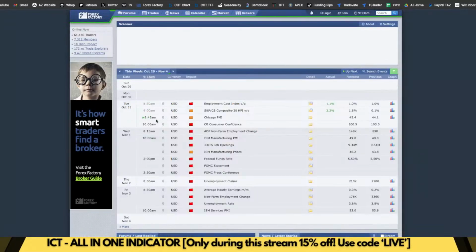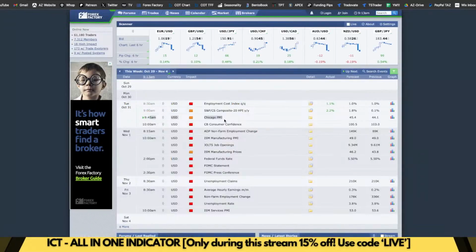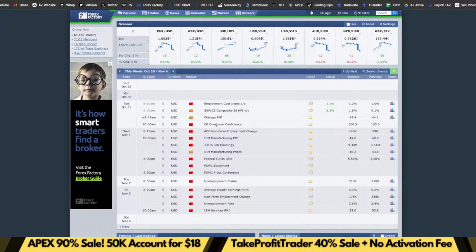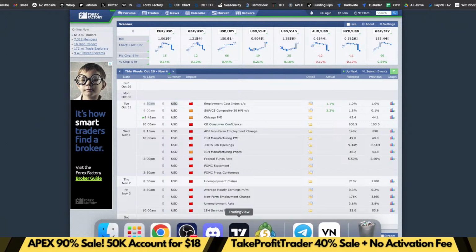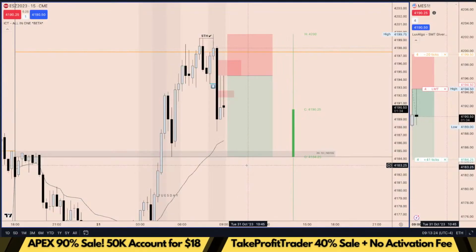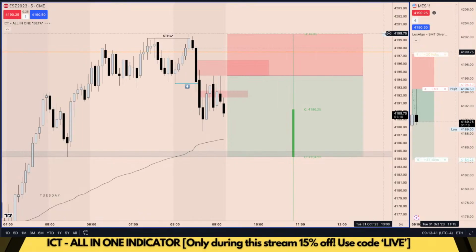Tuesday, at 9:45 we have the Chicago PMI, at 10 a.m. the S&P Composite and consumer confidence, and at 8:30 we had employment cost news. So let's check that out, what it looks like on the chart. Therefore we drop it down to the 5-minute. I'm gonna get rid of my sell limit for now.